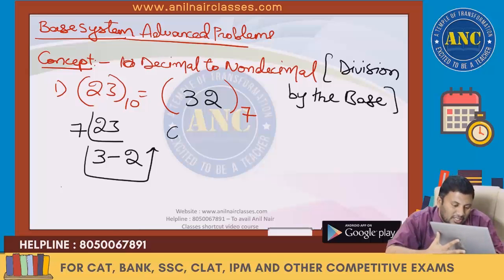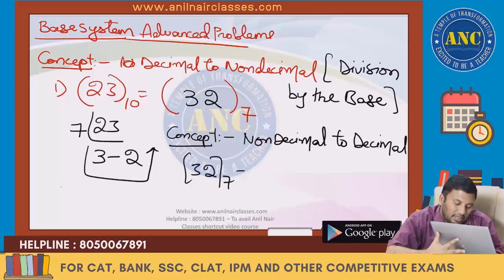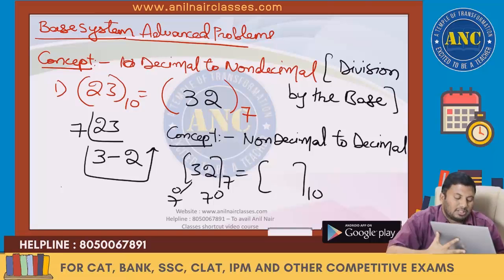The next concept, these two I am going to use. Non-decimal to decimal. 3 2 to base system 7 in base system 10. I am multiplying with powers of the base required.